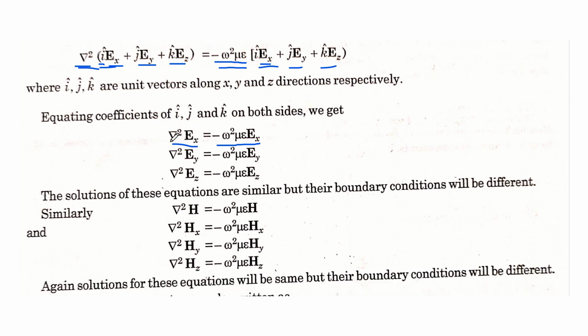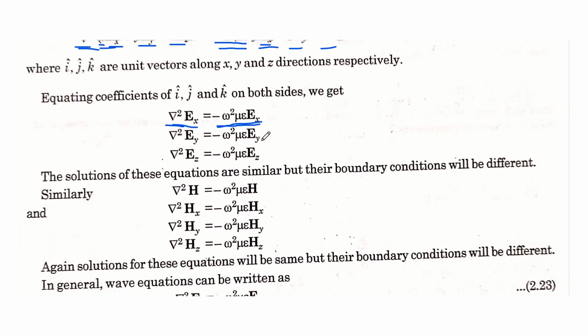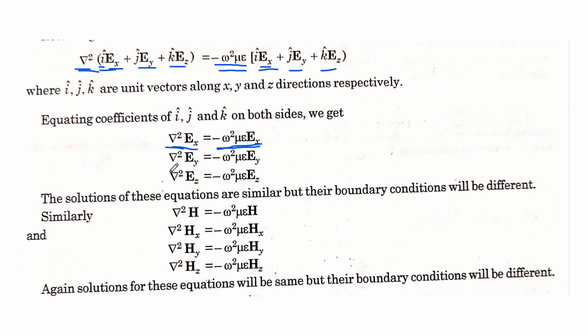So I simply equate these two terms, that is del square Ex is equal to minus omega square mu epsilon Ex. Similarly for all the terms I equate the j coefficients and k coefficients. Here observe, I will get all the field vectors in the x, y, z direction, all the electric field vectors.